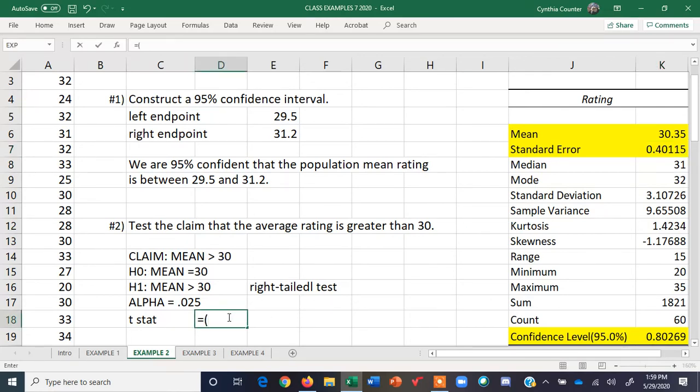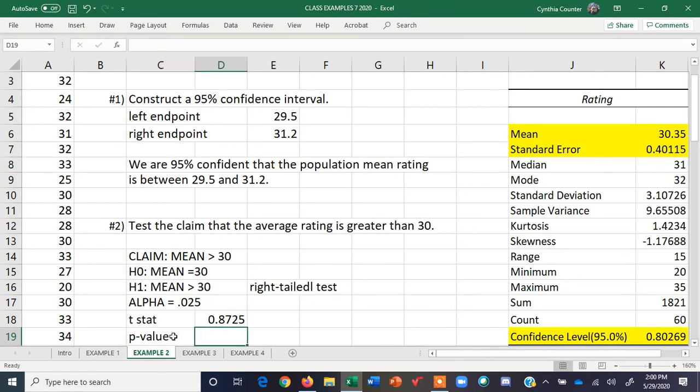So it equals our sample mean minus our assumed value of 30 divided by the standard error, 0.8725. Notice that is much less than 2 standard errors away. So this is going to have a large p-value, and by large we mean greater than alpha.